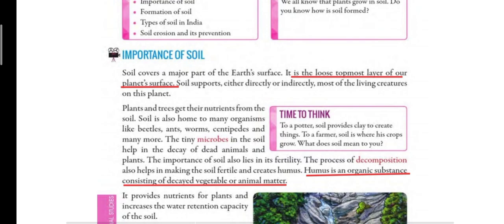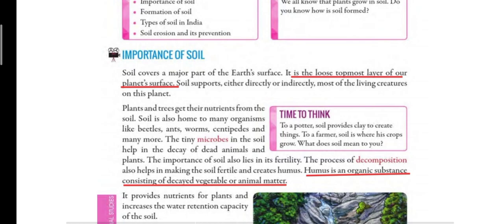we all know that plants and trees grow in the soil. They get their nutrients from the soil, and these nutrients help in the growth of plants. For example, we get all the good nutrients from the food that we eat, and then we grow bigger and stronger.